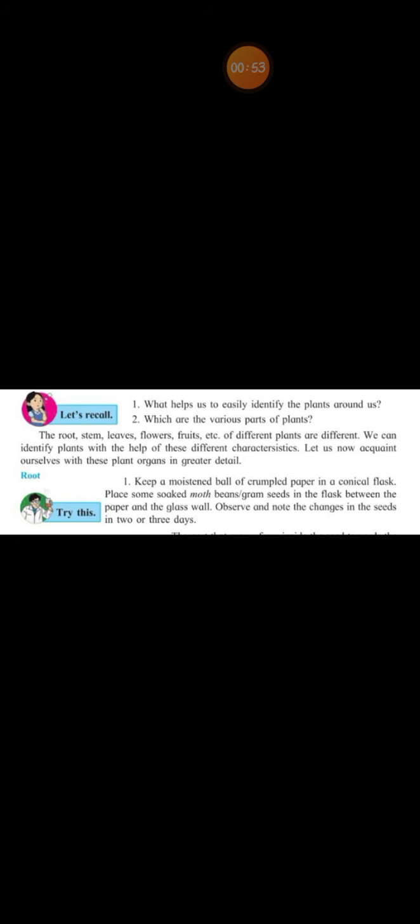Which are the various parts of the plant? We all know that roots, stem, leaves, flowers, fruits, etc. are the different parts of a plant, right?